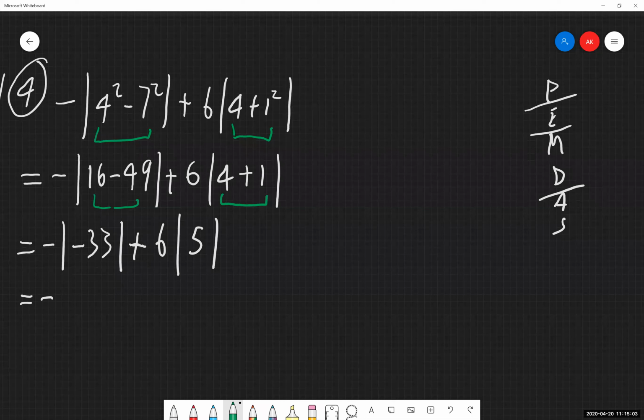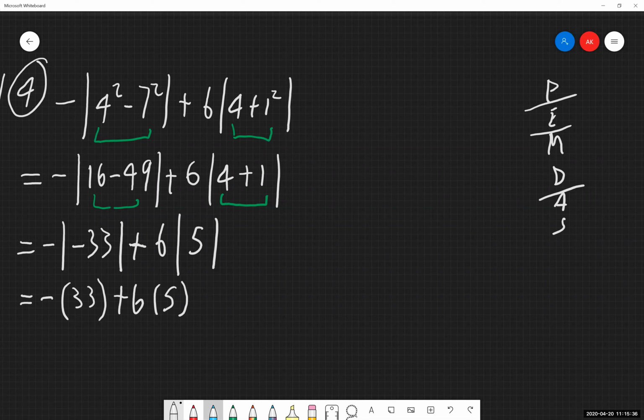So negative 33 is 33 units away from our origin, or from 0. Or you could think of it as all it's going to do is make that value inside a positive. So the absolute value of negative 33 is a positive 33. Plus 6 times the absolute value of 5, which is 5.